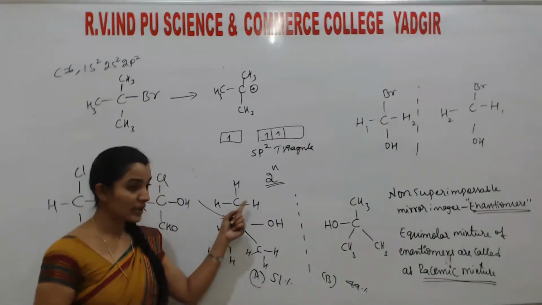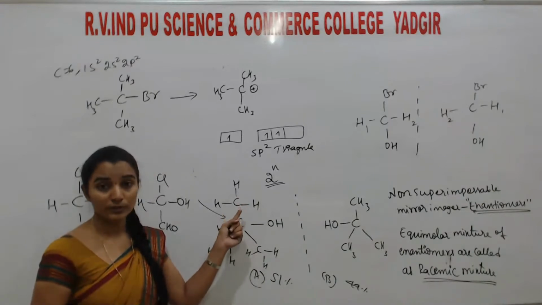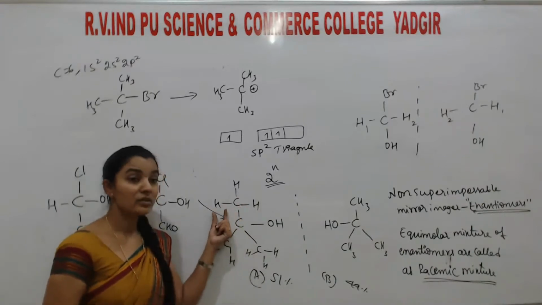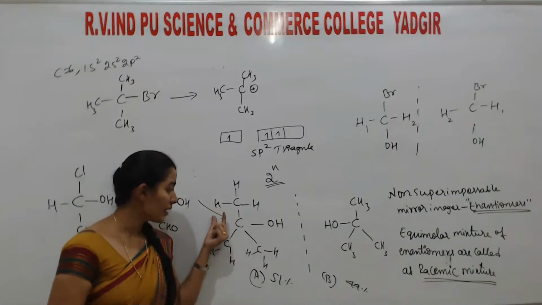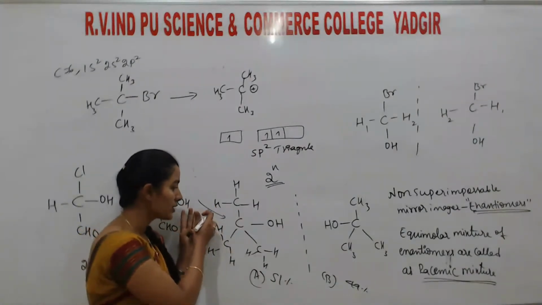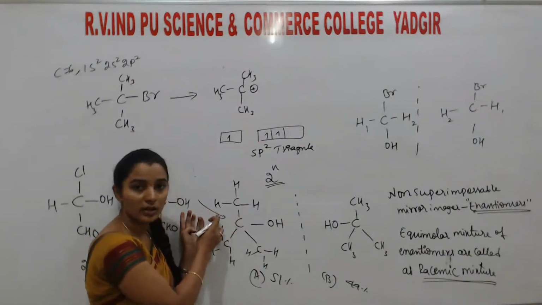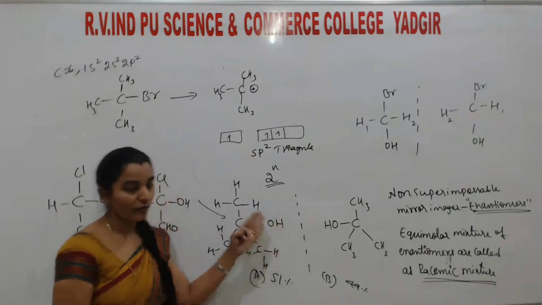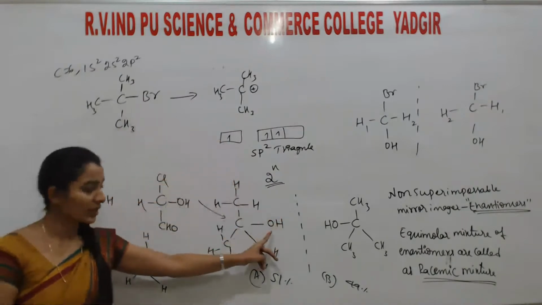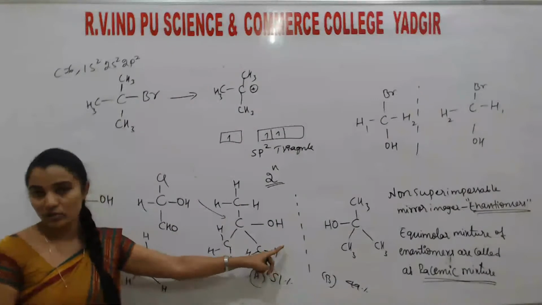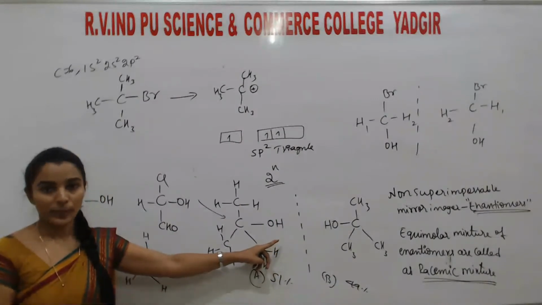In this direction the CH3 groups are the bulkier groups. So they create steric hindrance for the attack of the OH group from this direction. That's why from where Br is detached, from that side OH is attached.